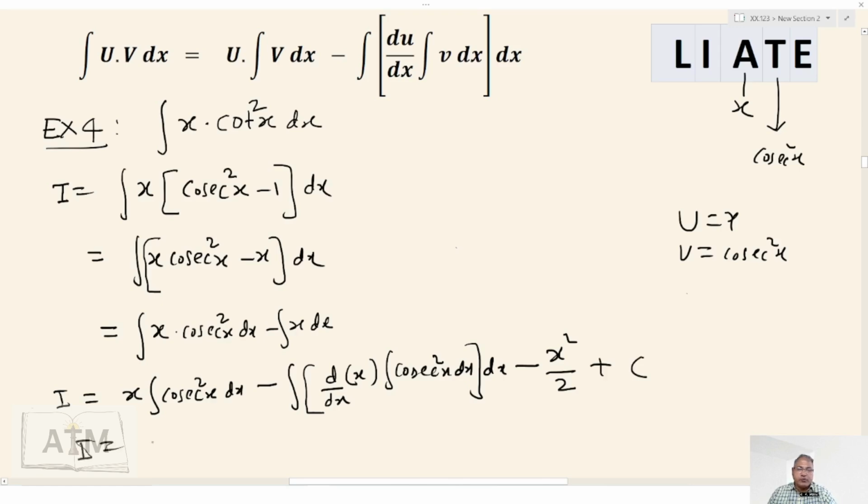So I equals x, integration of cosec square x is nothing but minus cot x, minus integration, derivative of x is 1, and here is minus cot x with respect to x, minus x square by 2 plus c.